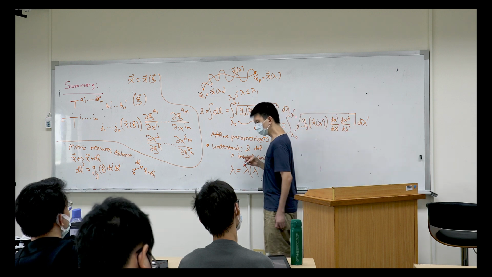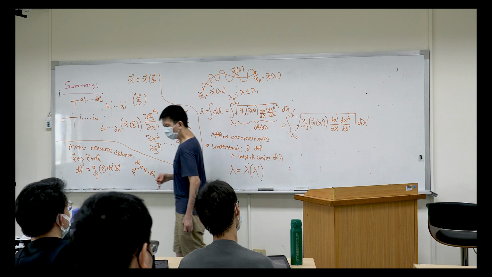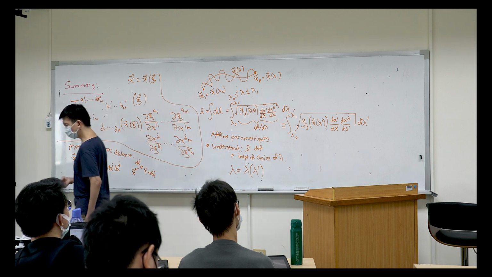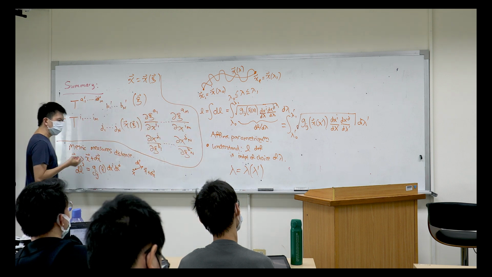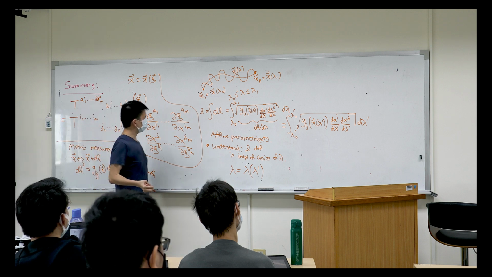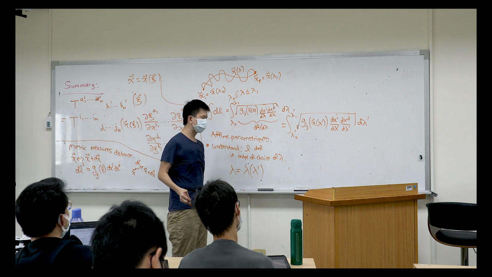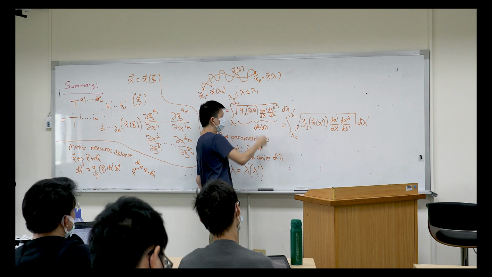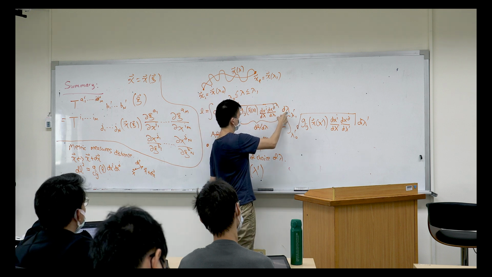Why? Because I know that this thing is independent of whatever coordinate system I'm using. But I can check explicitly. So I can, in fact, carry out the calculus. You know how to change variables over here. You know how to change variables over here.